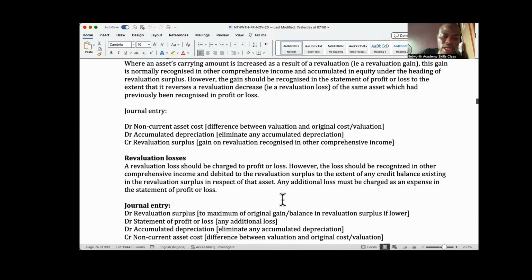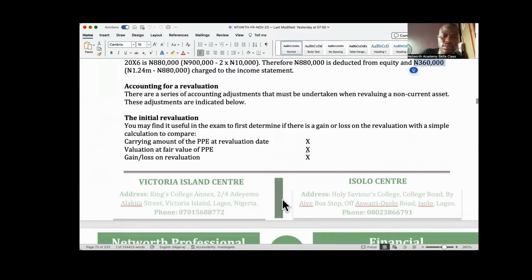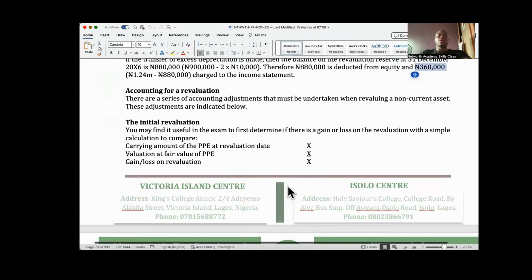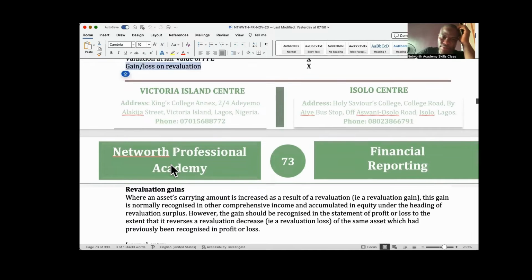Okay, aside from this, how do you account for revaluation gains and revaluation losses? The first thing is this, like I've told you earlier on, that at the initial revaluation, all you need to do is to compare the carrying amount with the fair value. That gives you either a gain or a loss.